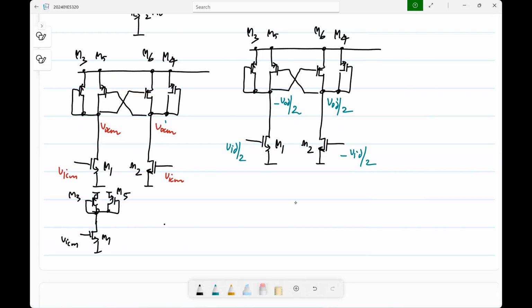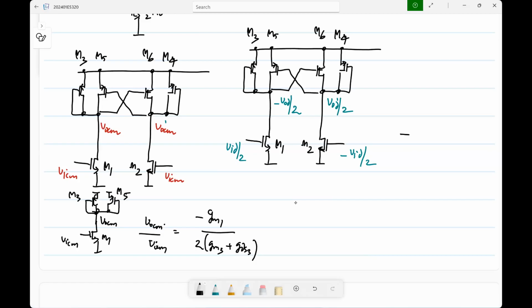Okay. So now in the small signal picture, if you evaluate this VOCM by VICM, it would be minus GM1 by the sum of these GMs plus the sum of GDSs. If you assume they are the same, it will be okay.